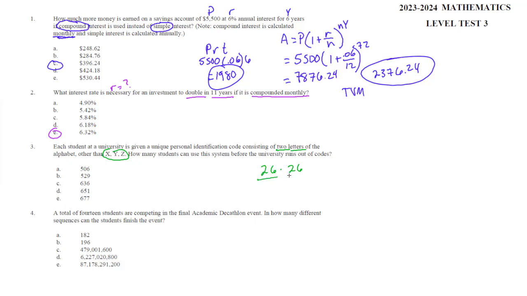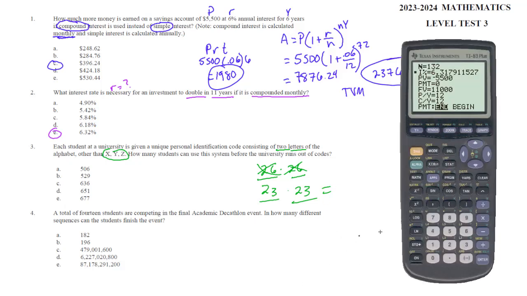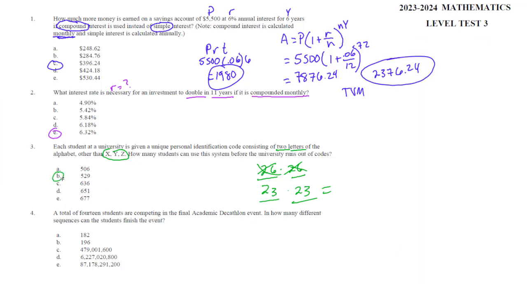Except it said we can't use X, Y, and Z. So it's 23 letter options for the first one and 23 letter options for the second one. 23 times 23, let's pull that up. 23 times 23, and that's 529.